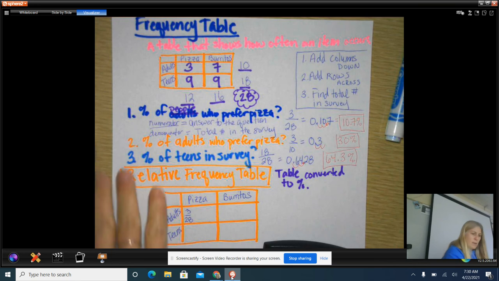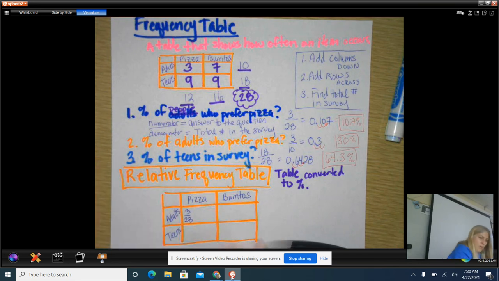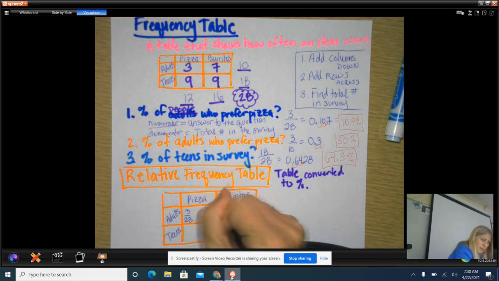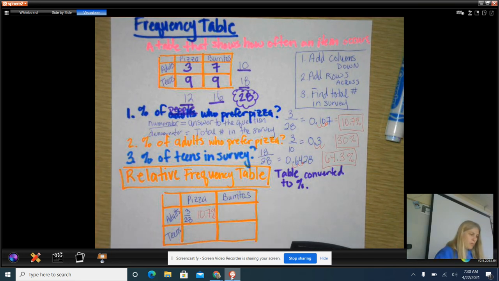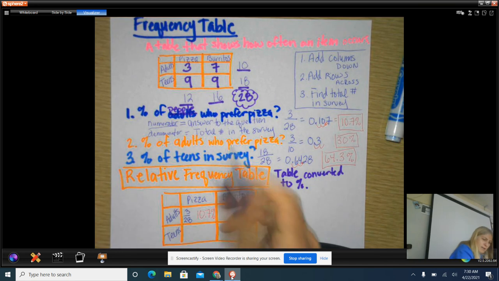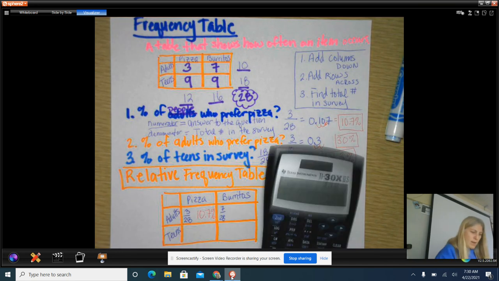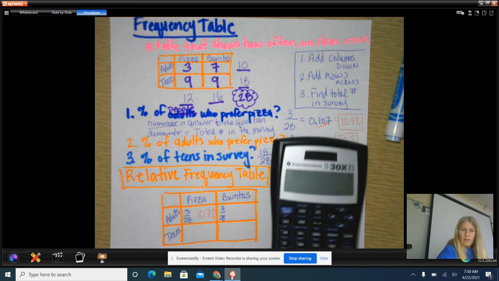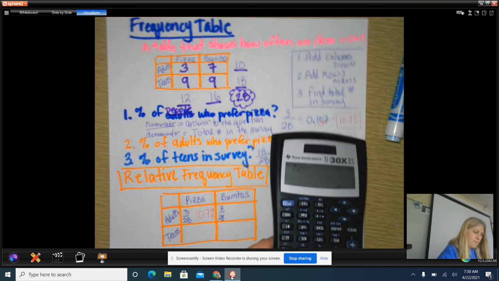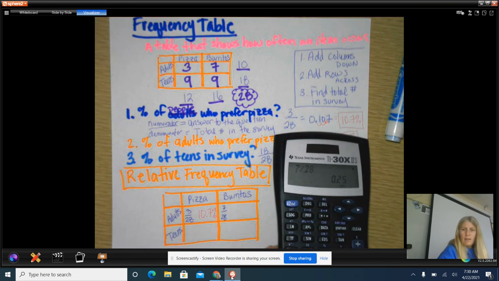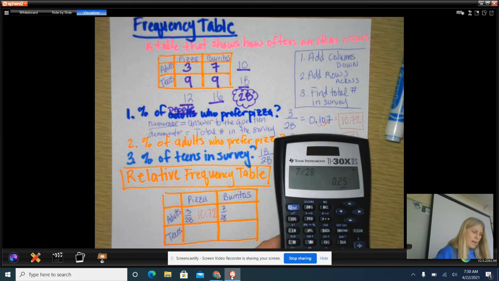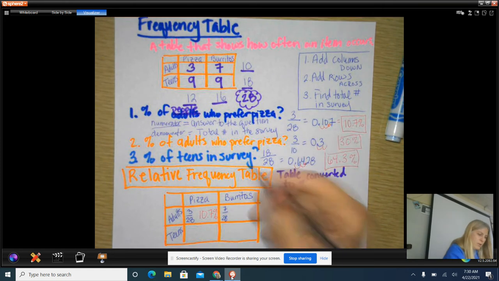So that's going to be 10.7%. Okay, for burritos, we have 7 out of 28, and then we're going to round that. So that is going to be 25%.